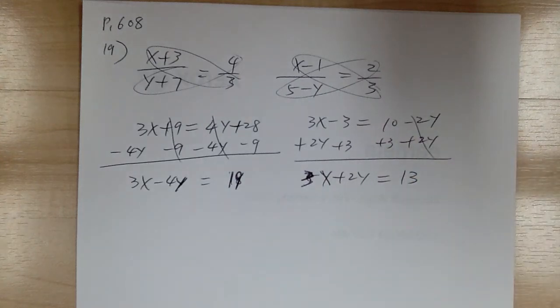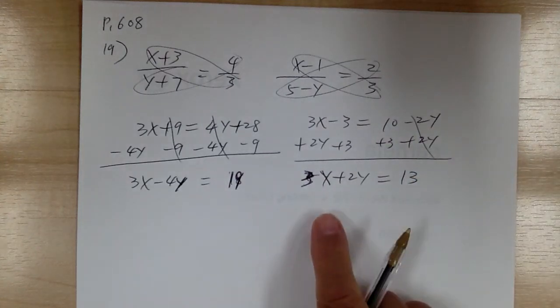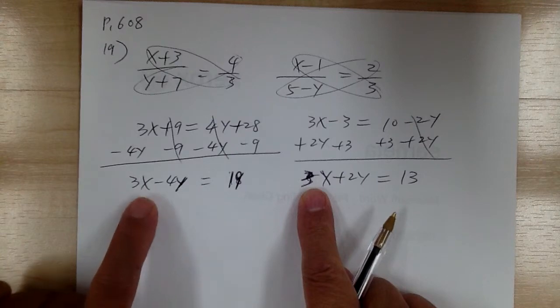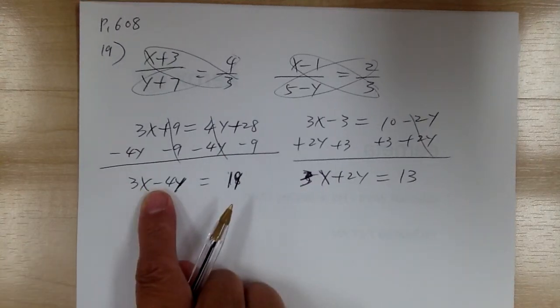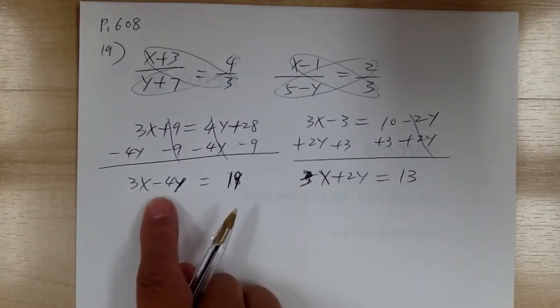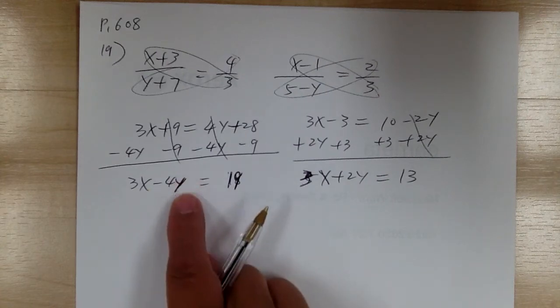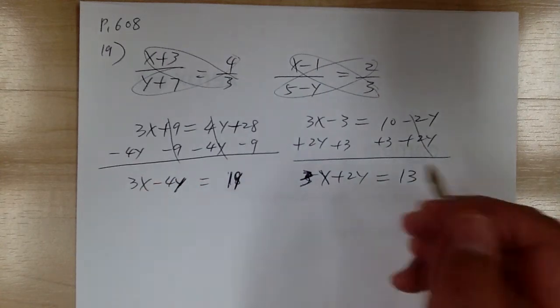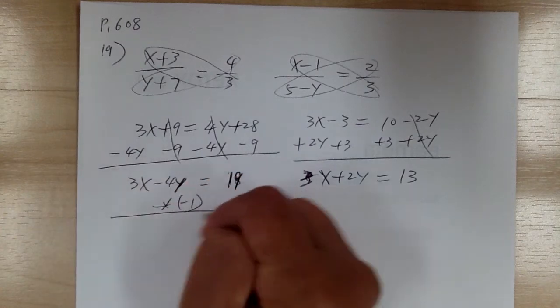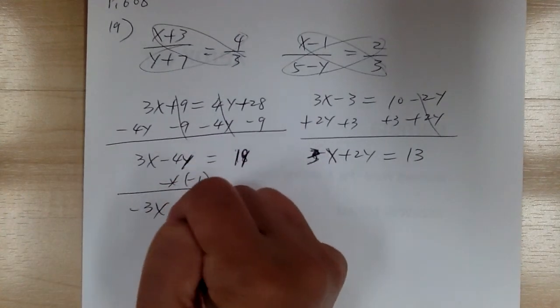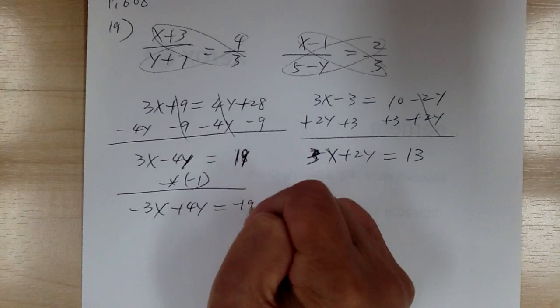Okay, there you go. The x's always have the same number, so I'm going to multiply this by negative 1 to match that. The reason I want to multiply this by negative 1 is because this already has a negative, so I want to make it positive. So multiplying by negative 1, I got negative 3x plus 4y equal to negative 19.